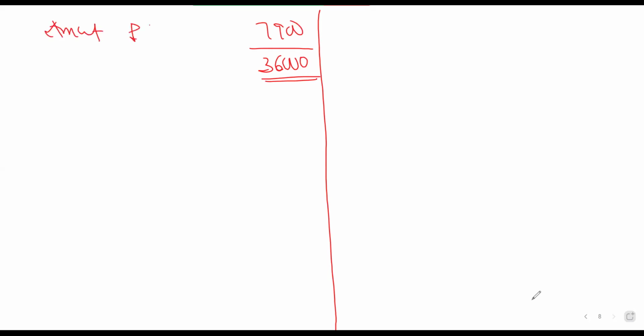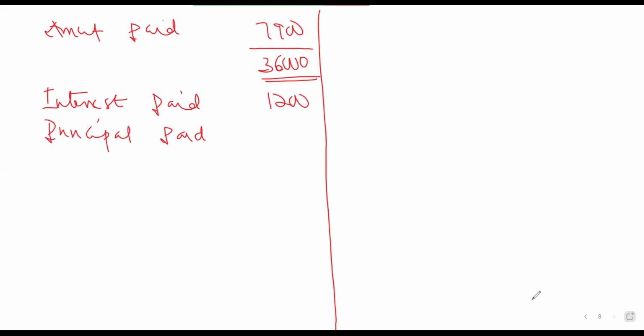Okay, but this amount paid, you have to now separate it. The interest payment is 1,200. So interest paid is 1,200. So what will be the principal that will be paid? Principal paid is 6,700.